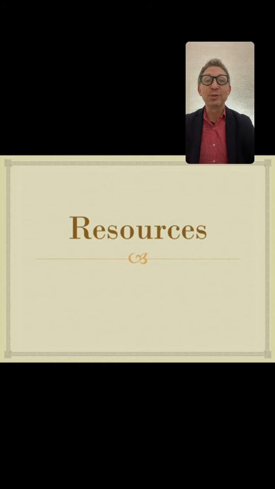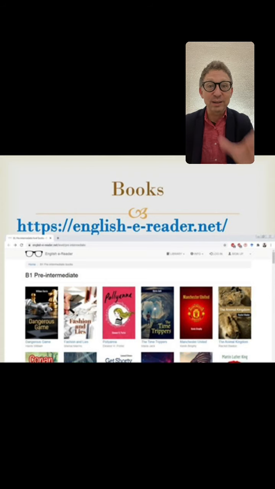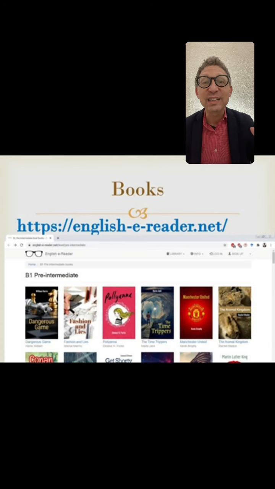So we're going to talk about different resources. This is an excellent website that I want to recommend to everyone. It gives you literature at your specific level of English. So we have pre-intermediate here in the screenshot, but there's A1, A2, all the way to C2. And they even have B2 plus and B1 plus.